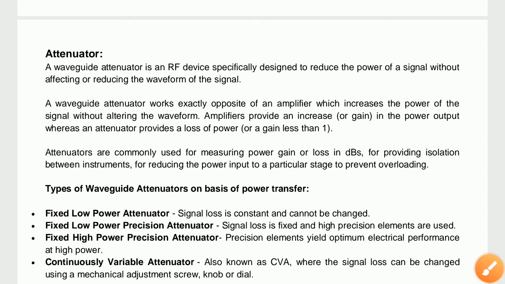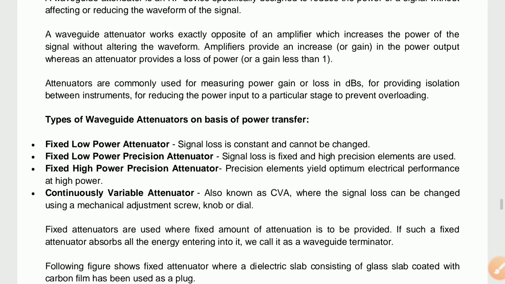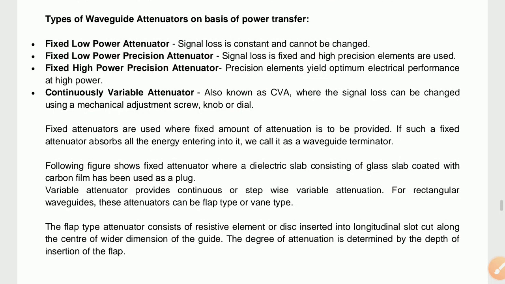We move forward to the types of attenuators. Basically four types of attenuators are given. The first one is the fixed low power attenuator. It shows that the signal loss is constant, that means the power suppression is constant and cannot be changed.